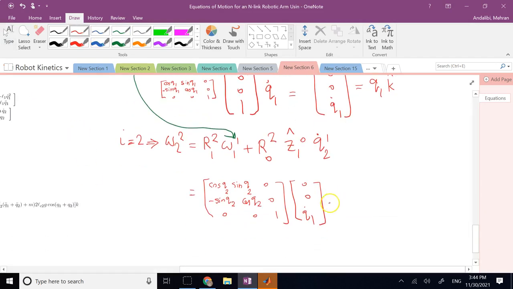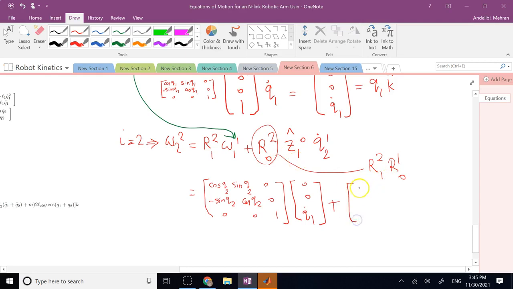And r of 0 in 2, this is 2, this is 1, this is 1, this is 0. So it's going to be the transpose of each and every one of those two, or 2 with respect to 0 transpose.